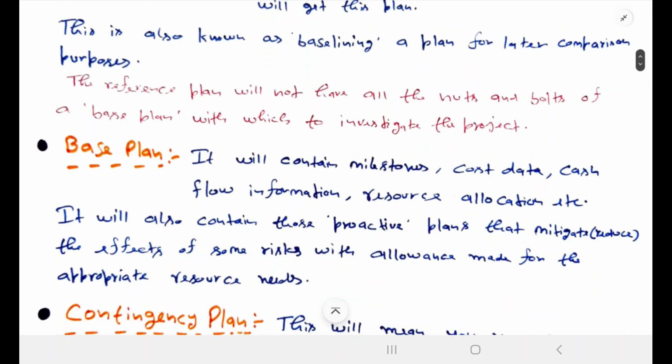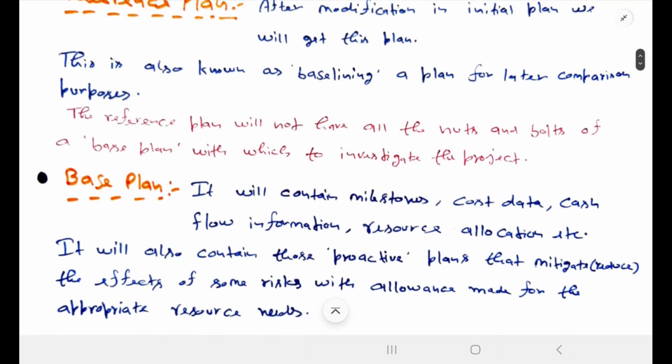The next one is the base plan. It will contain milestones, cost data, cash flow information, resource allocation, etc. It means it has the nuts and bolts of the reference plan. It has all concrete data to start a project.